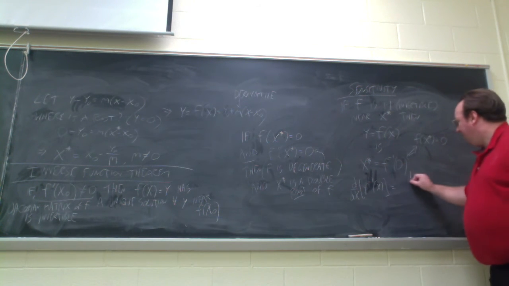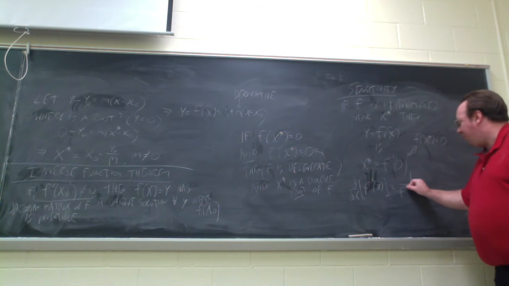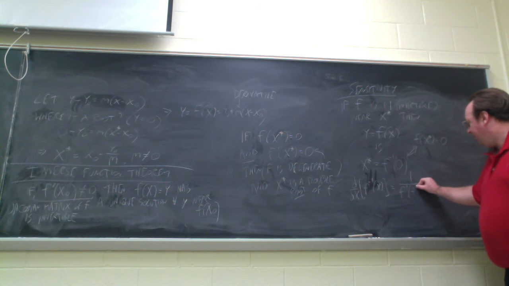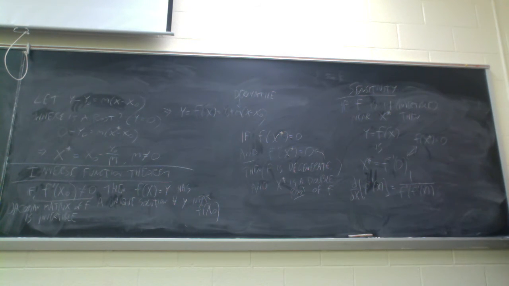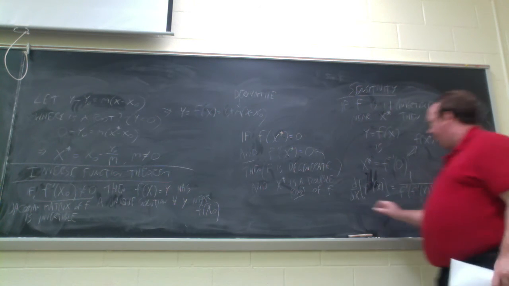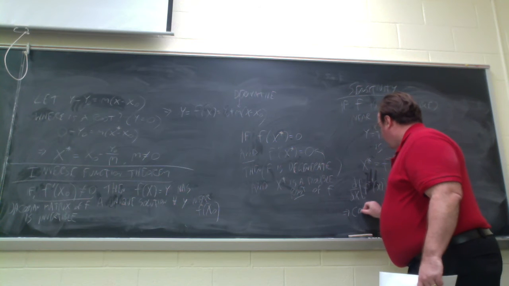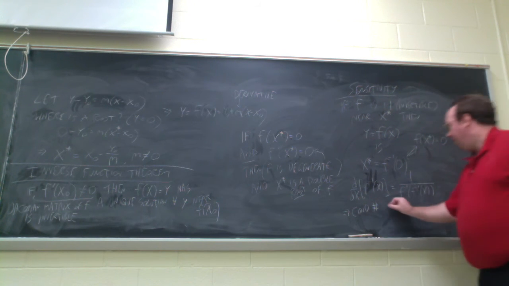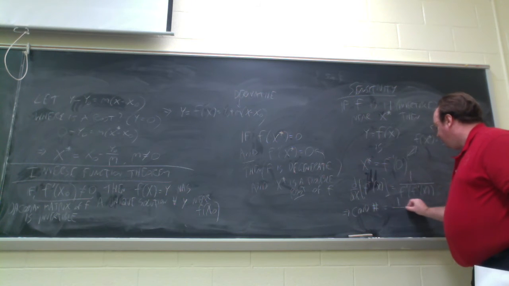Yes. 1 over f prime, you just have to plug in f inverse of x. Okay. So what that means is the condition number for root finding, which is the absolute condition number, you can use 1 over absolute value of f prime at the root.